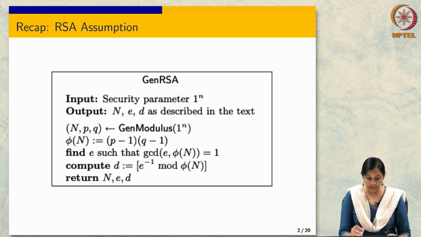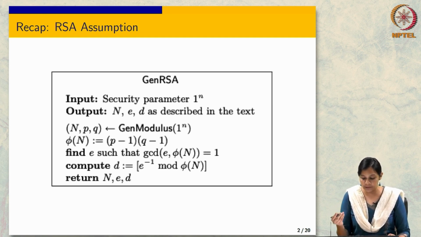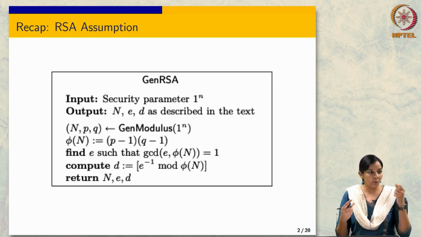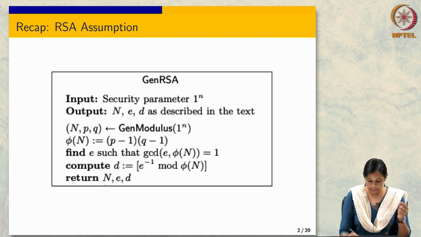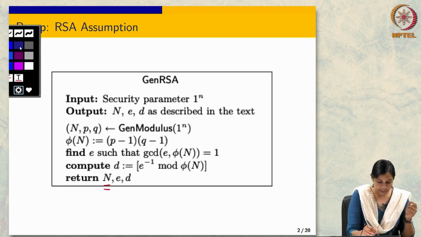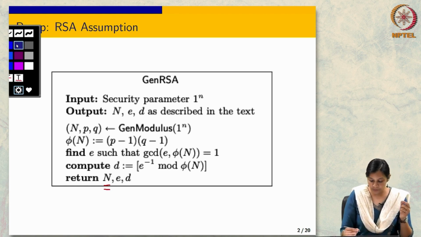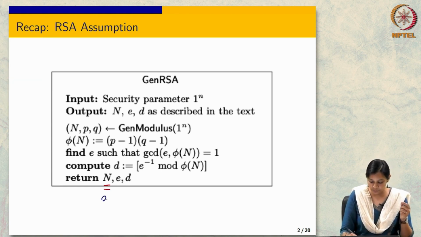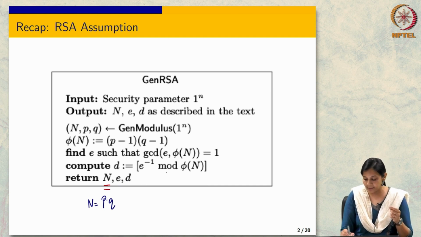So if you remember, we had this Gen RSA algorithm, and its role is to output a composite modulus N, which is the product of two primes p and q, and E and D such that these conditions hold.